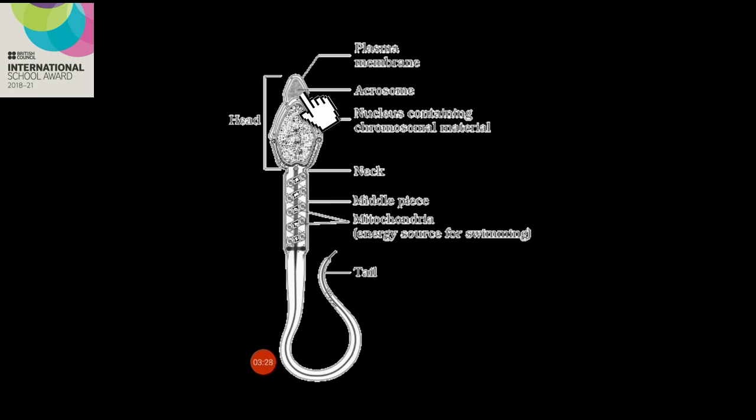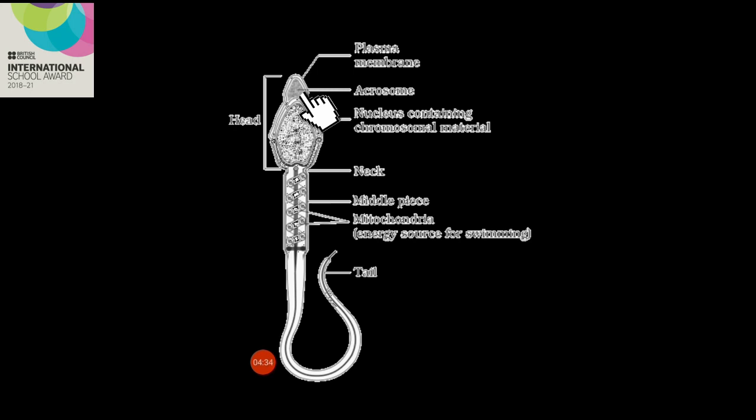Acrosin is an enzyme that can be seen inside the acrosome. It will be in an inactive state inside the acrosome. When the sperm head comes in contact with the glycoprotein layer of ova, at that time this enzyme gets activated due to the change in pH, and it will facilitate the sperm penetration into the body of ova.